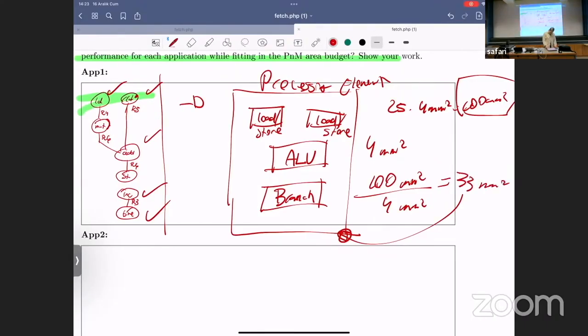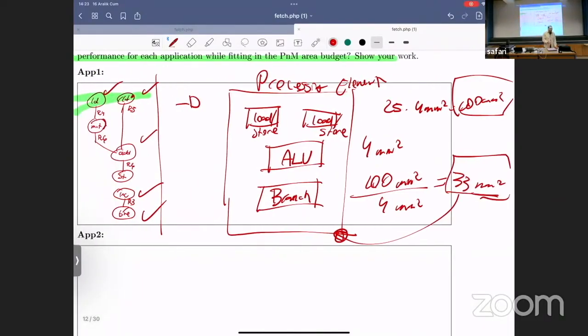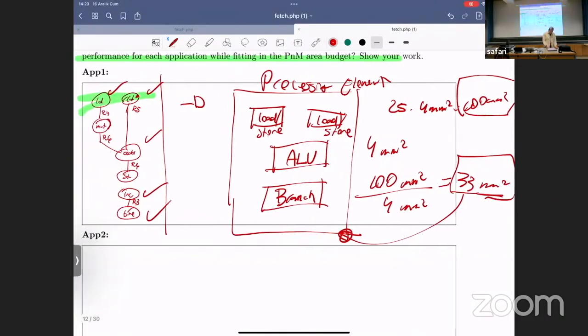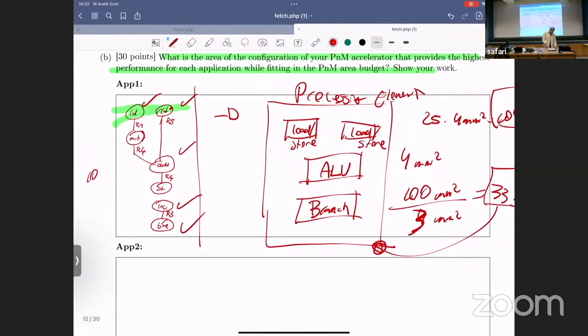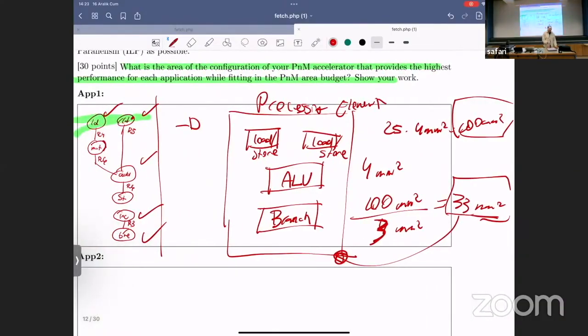Oh, this is good. Anyway, it completely changes the solution, but it's fine. Yes, you could further optimize this if it's 33. Anyway, I'm going to continue with 25 just because all of the other things are based on 25, but it's good that you found a better solution.